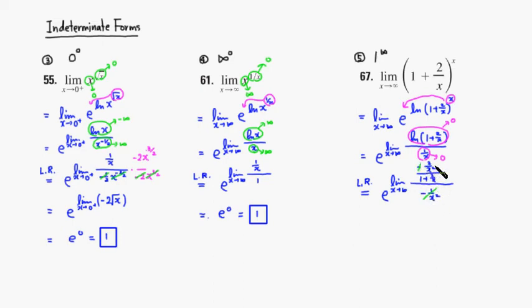As x approaches infinity, the 2 over x term goes to 0, so what's left is 2 over 1, which is 2. Therefore, you have e to the 2, which is the limit.